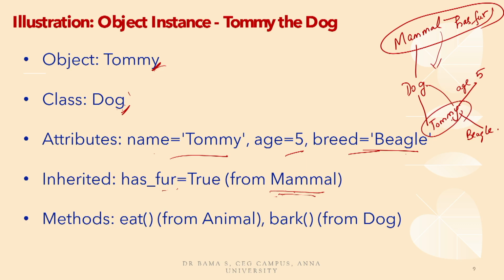So, Tommy also has fur. As for the methods, eat is a function or method associated with mammal that is also inherited by Tommy, and bark is from dog. Before this, mammal's eat is inherited from animal, which is again a superclass.